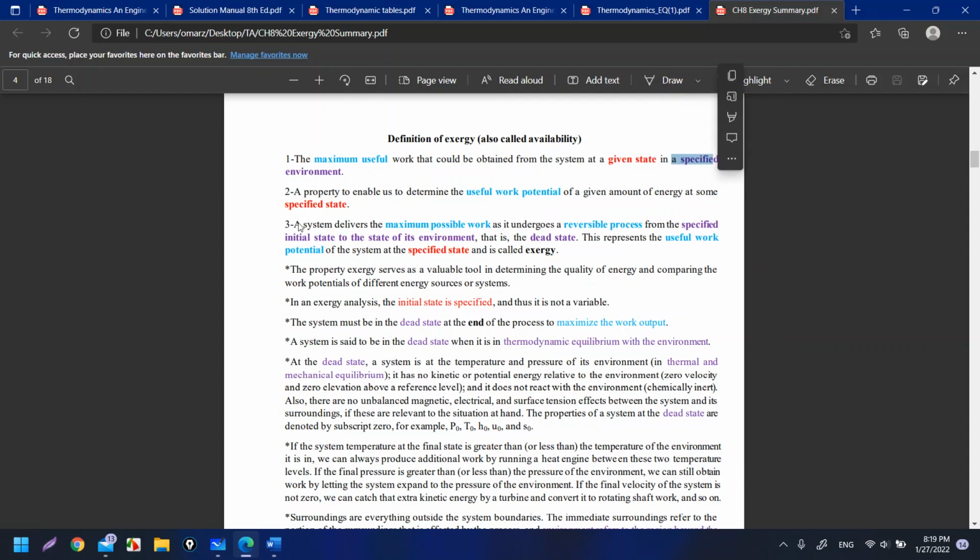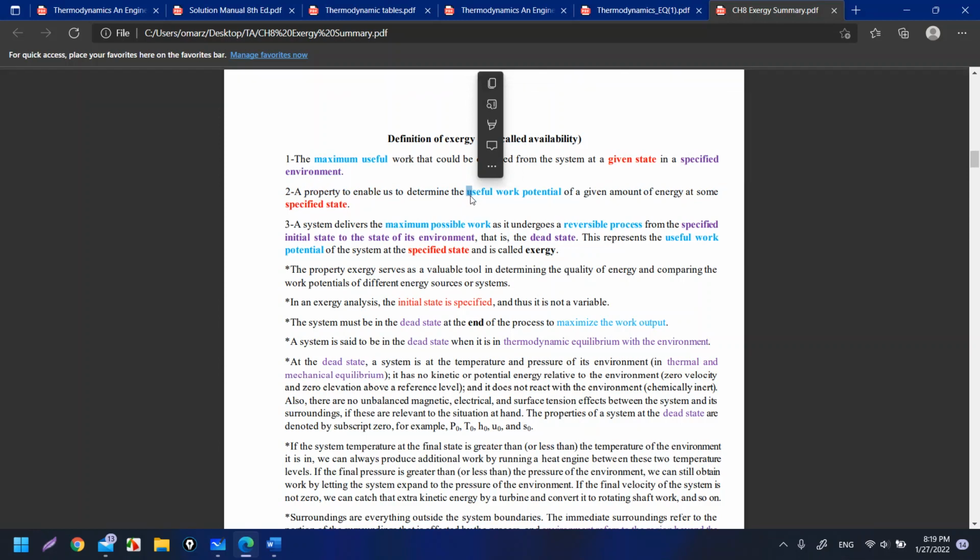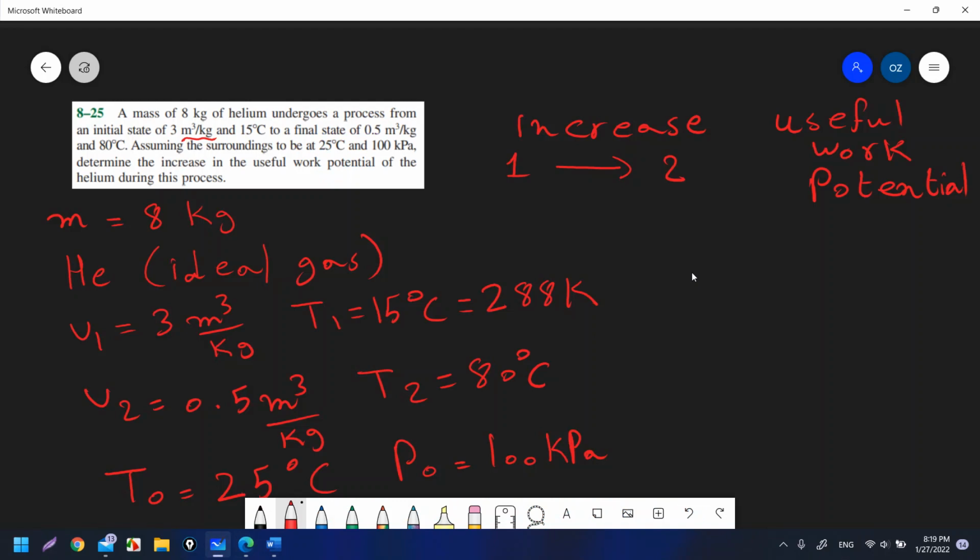In specified environment we have the environment T naught, it is given, the surrounding, it is given in the question. Another definition, useful work potential, that is the same sentence that they used in the question. Also again, maximum possible work as it undergoes a reversible process. This represents the useful work potential. So that is Exergy.